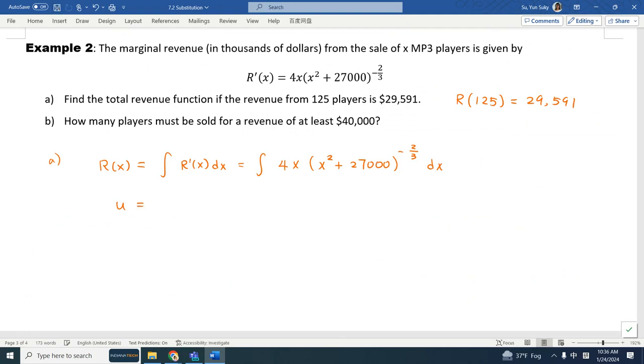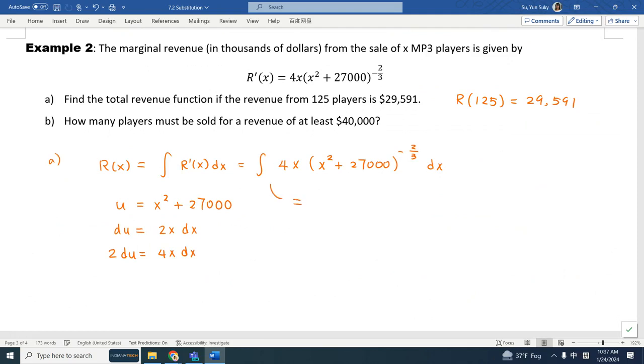U is x squared plus 27,000. Aha, what's du? Yeah, 2x dx. Okay, look at our integral. We have 4x dx. How do you get 4x dx? Multiply by 2. Yes, we get 2 du equals 4x dx.